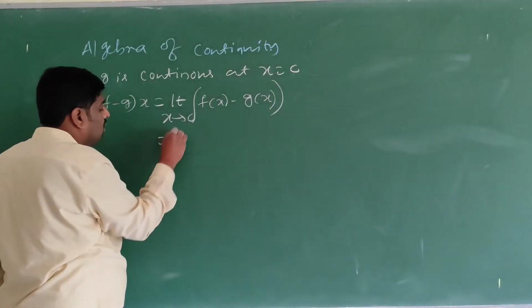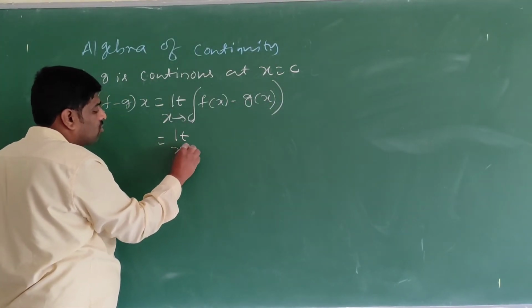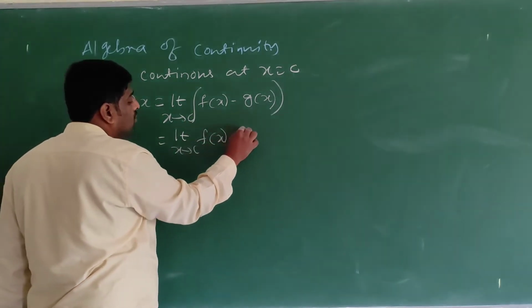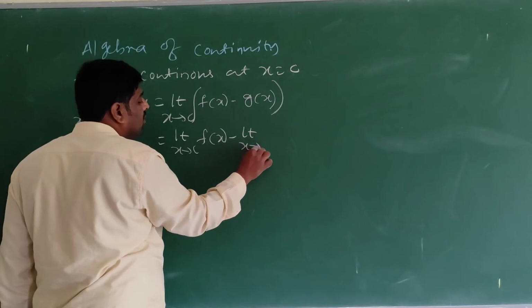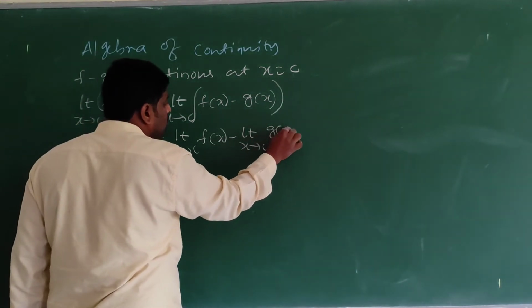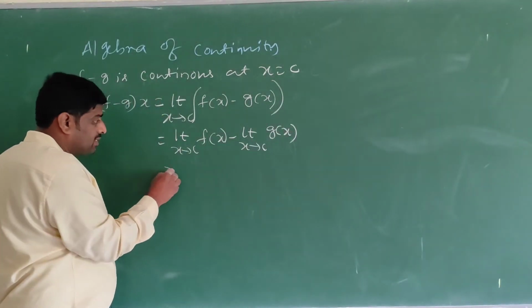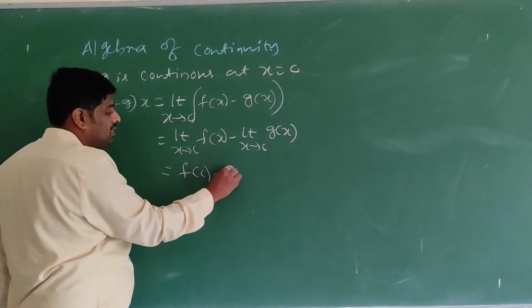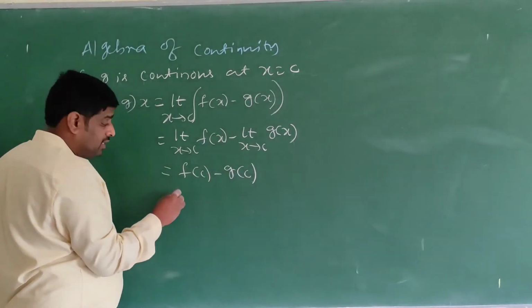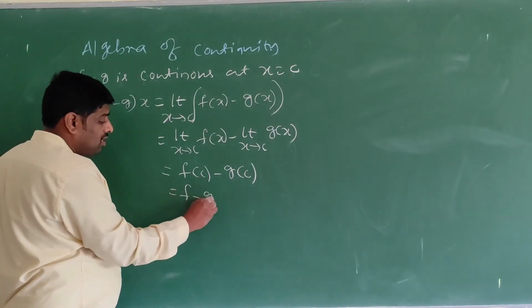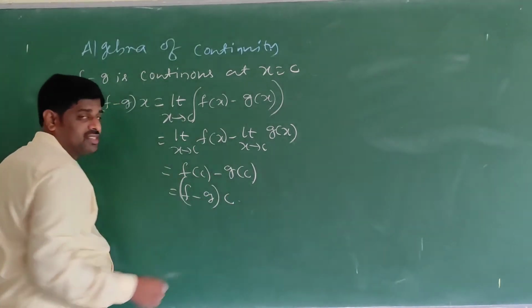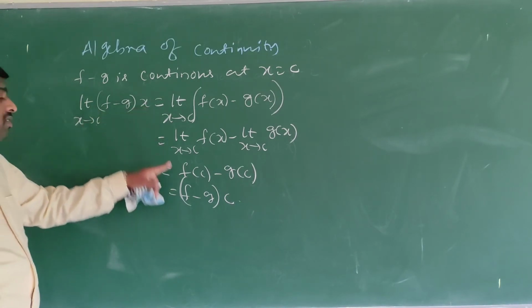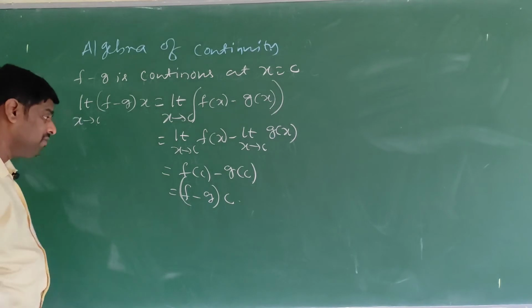That is, separate the limits: limit x tends to c of f of x minus limit x tends to c of g of x. This can be written as f of c minus g of c, which is f minus g of c.